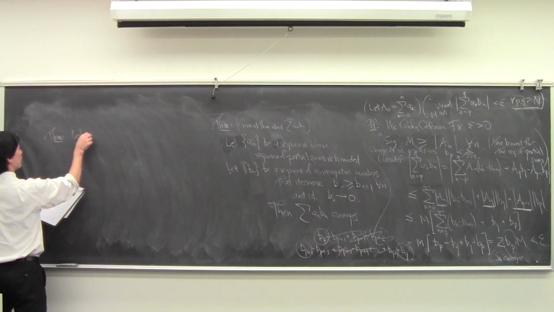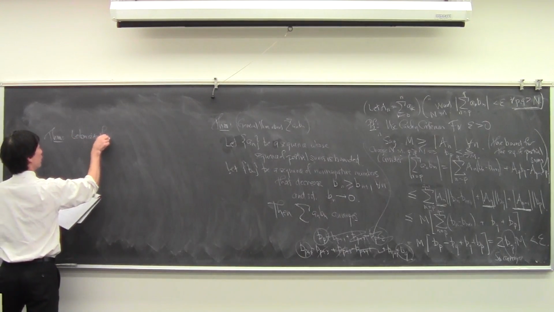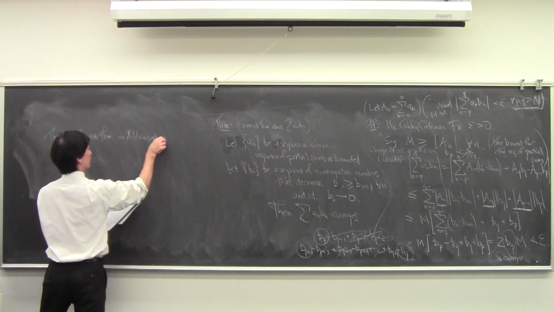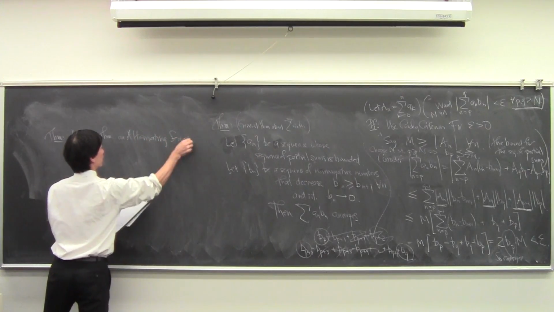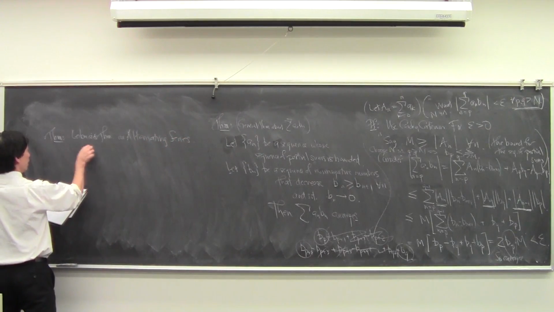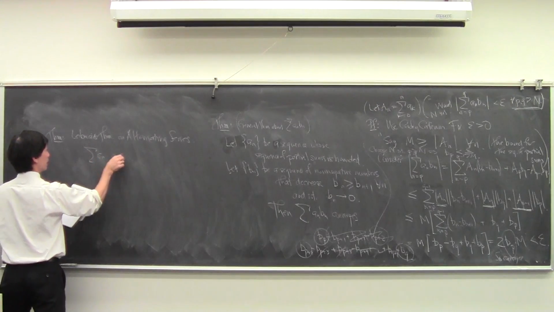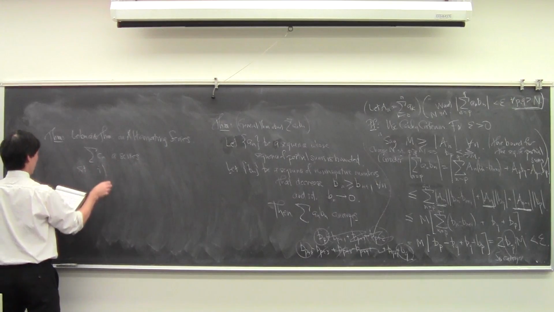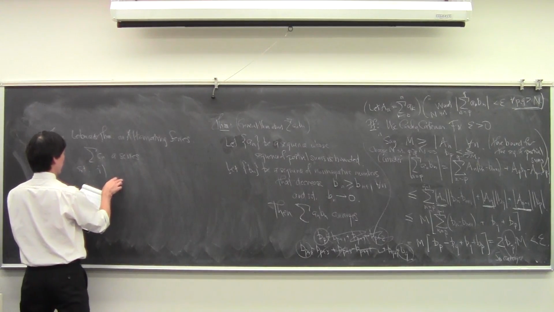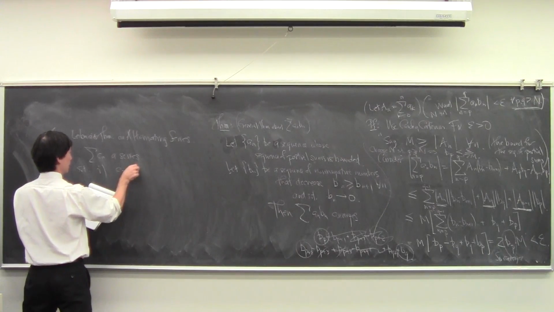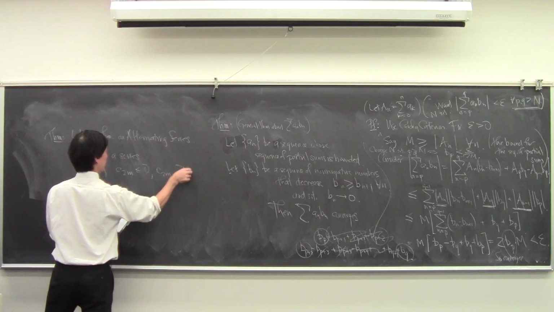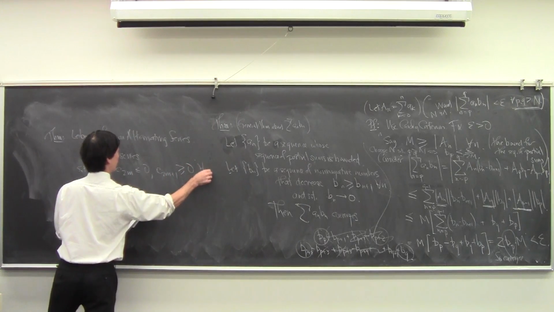Leibniz's theorem on alternating series. Right. If you have c sub n in a series such that they are alternating in sign, so c sub 2m is less than or equal to 0, c sub 2m plus 1 is greater than or equal to 0 for all m.